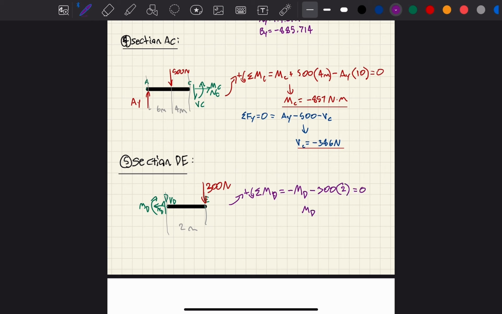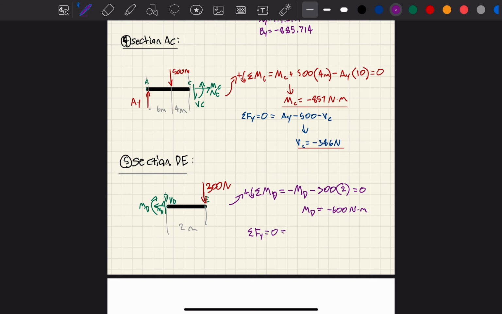You're going to find that the moment at point D is equal to negative 600 Newton meters. Again, that's the exact same thing we said 2 times now. We guessed the direction wrong. It actually acts counterclockwise instead of clockwise.